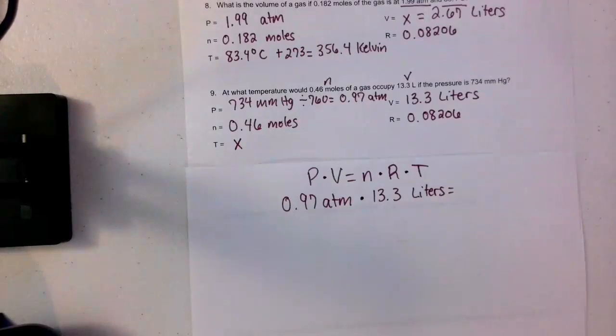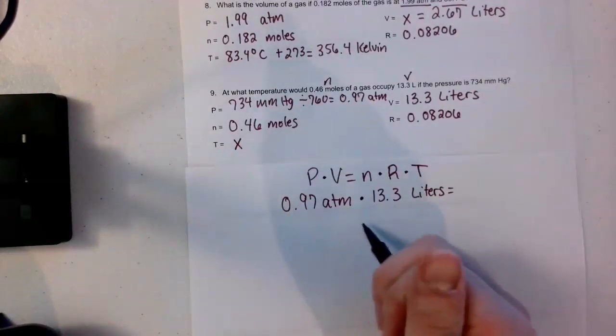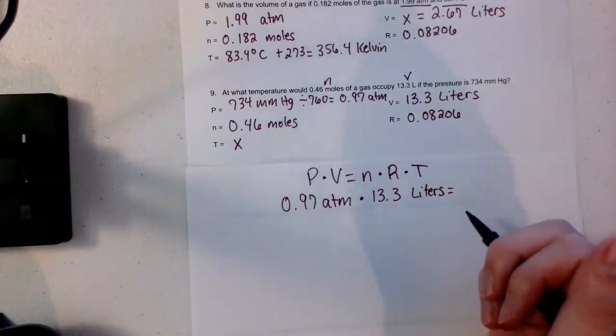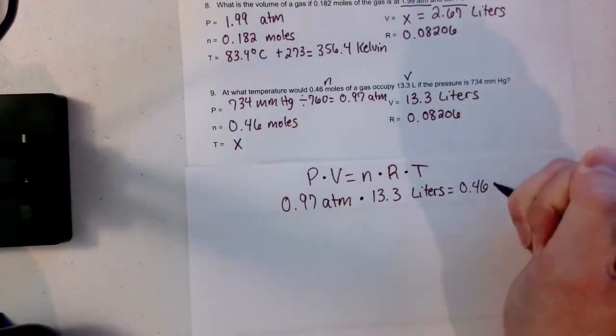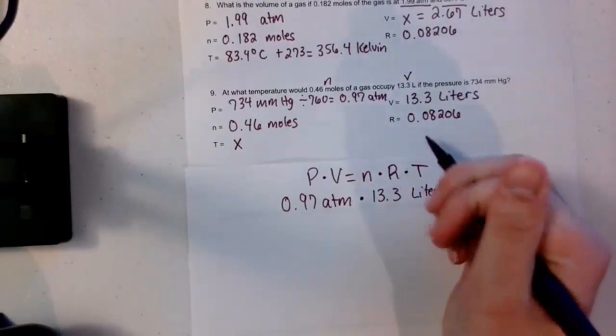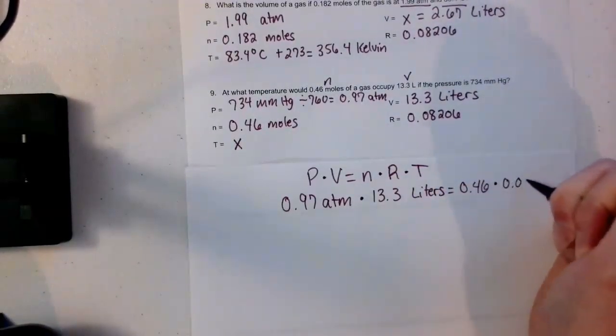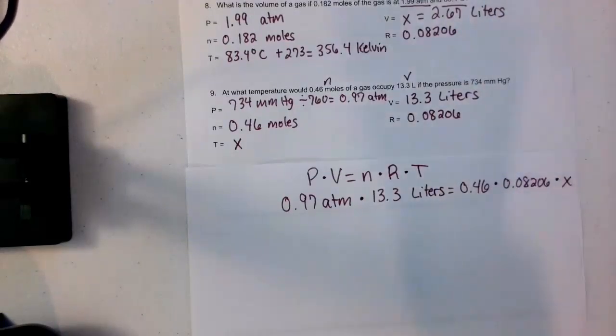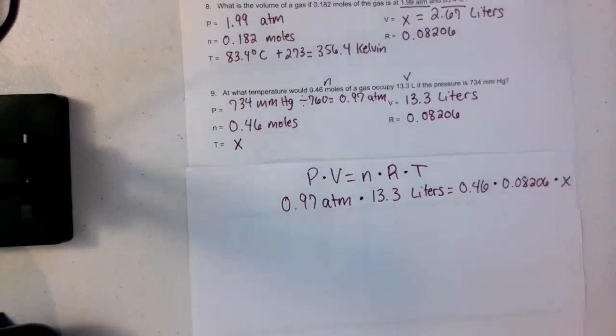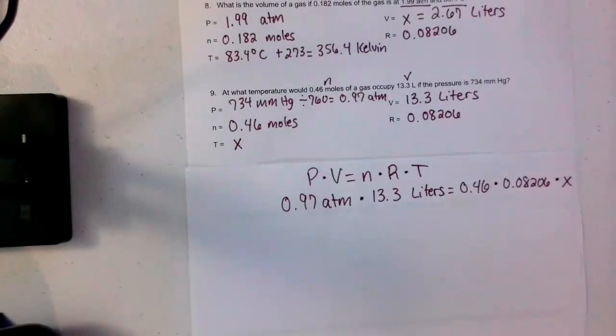I'm just doing it to show you that we had to use the 0.97 ATM. Next we're going to plug in the N value, which is 0.46, times the R value, which is that constant at 0.08206, times X. Because X is the temperature, that's what we don't know right now.